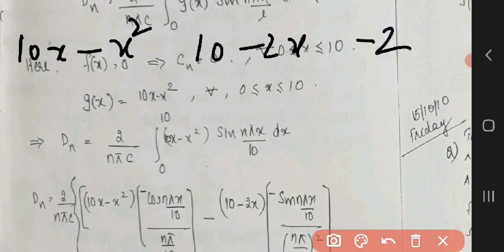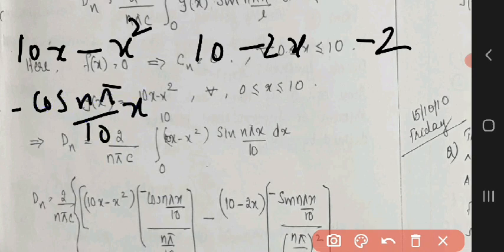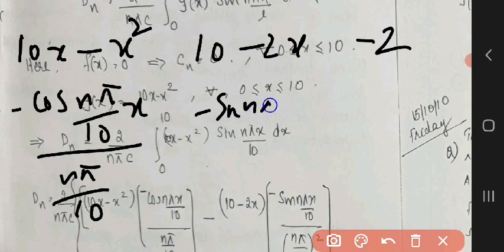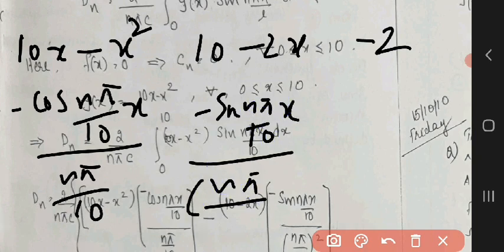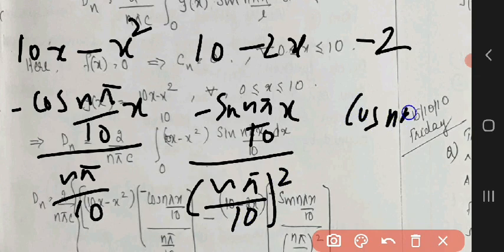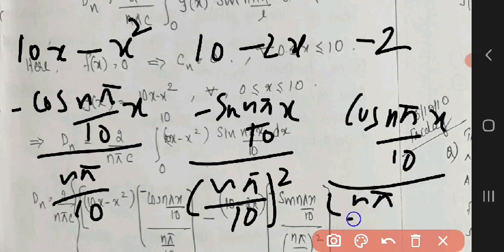Our second function is sin n pi x by 10, so its integration you should write. What is its integration? Cos n pi x by 10 divided by n pi by 10, then minus sin n pi x by 10 divided by n pi by 10 whole square, then again cos n pi x by 10 divided by n pi by 10 whole cube.